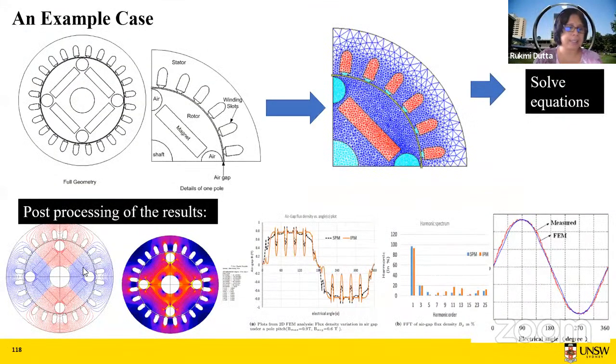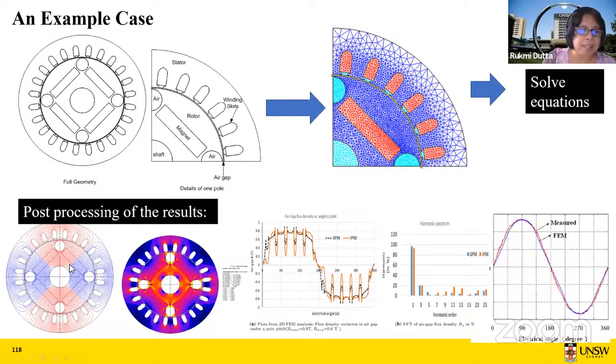This is the PMSM machine, right? You can see how the flux crosses the magnet, then goes to the air gap, then to the stator, goes to the stator yoke, comes back, meets the magnet again, and closes the path. So that's how the flux path is.